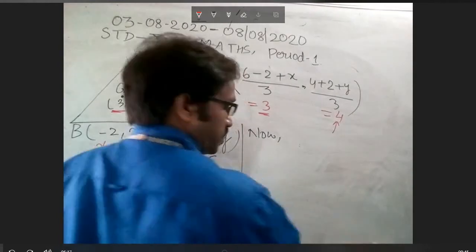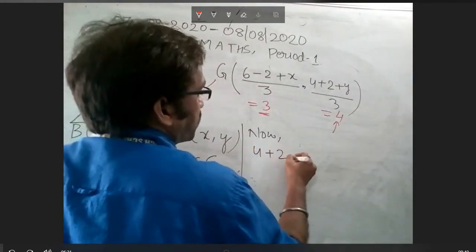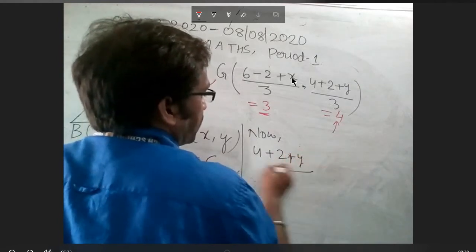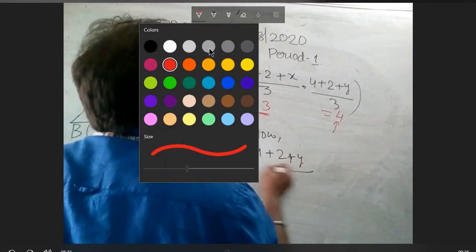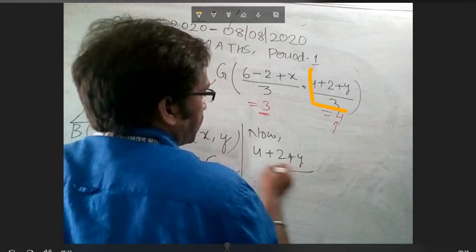Same thing only. The y coordinate that we have obtained in this formula, the value of y, will be equal to 4, and our calculation is based on that only. So here we have found the answer. Let us see how.